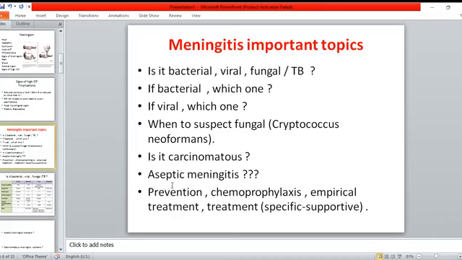So you may be given a scenario of meningitis and a picture of CSF, and you will be asked about the best initial treatment in this patient. So you have to be aware of this scenario. Okay, so let's move on.